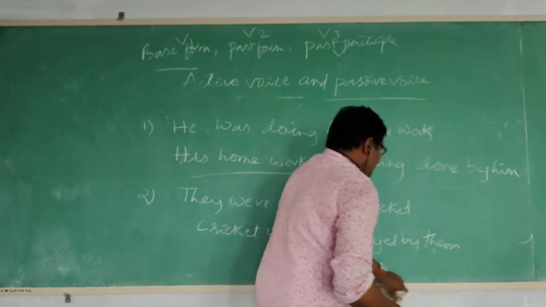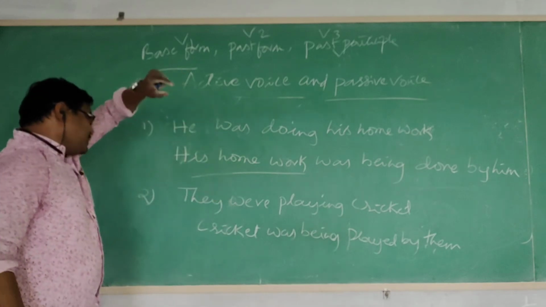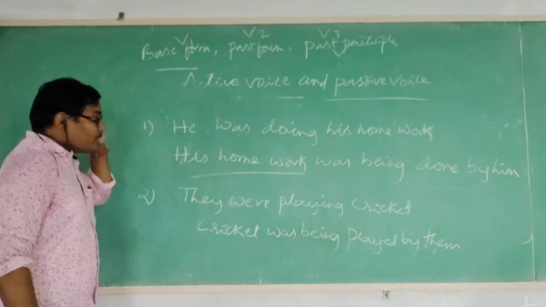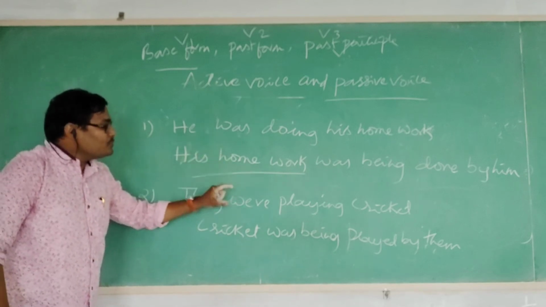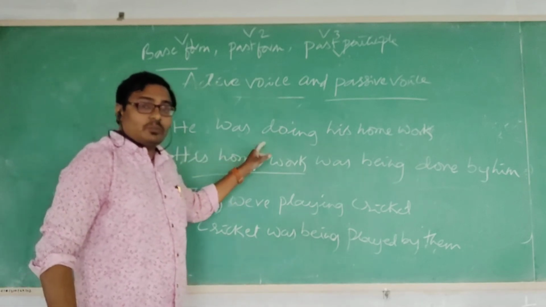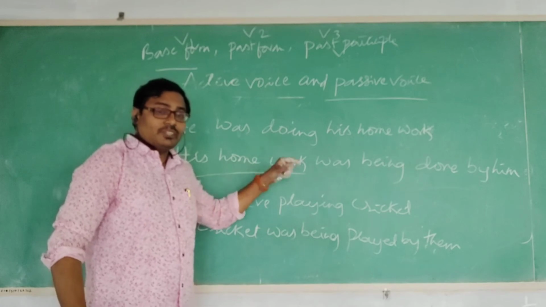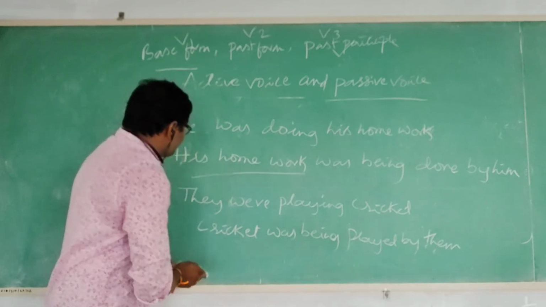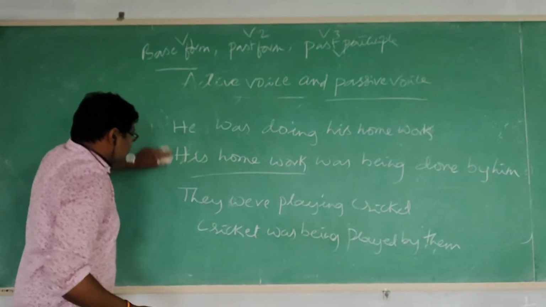Cricket was being played by them. Okay, and this is the way how we can convert the sentences which are in past continuous tense into passive voice. Okay, and let us see some other examples.